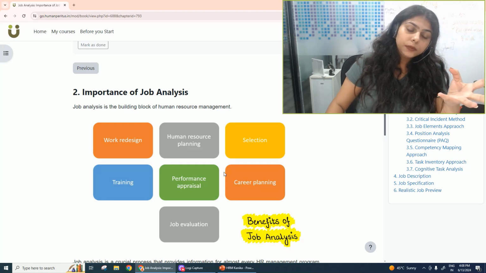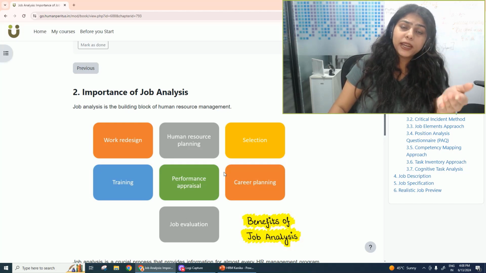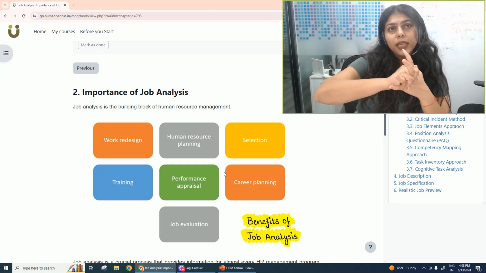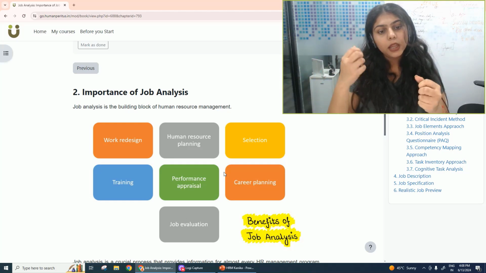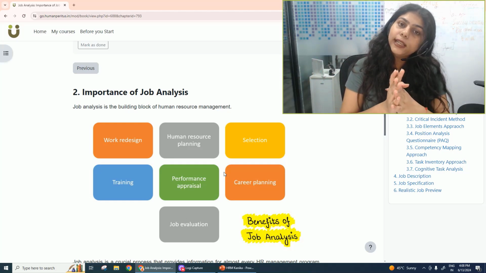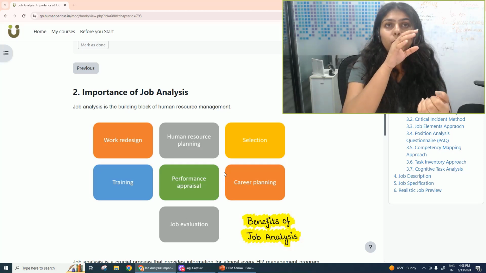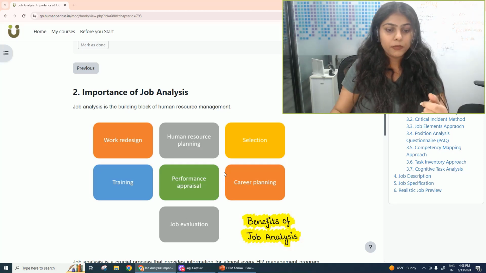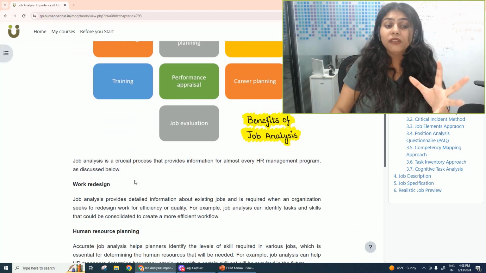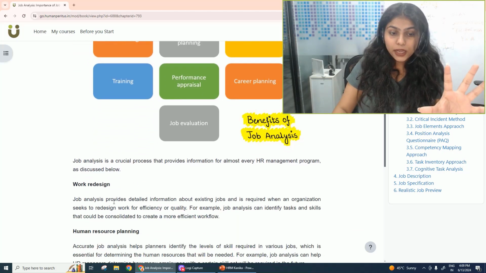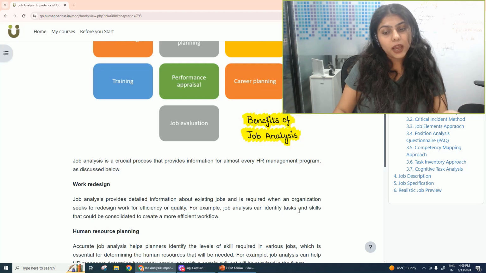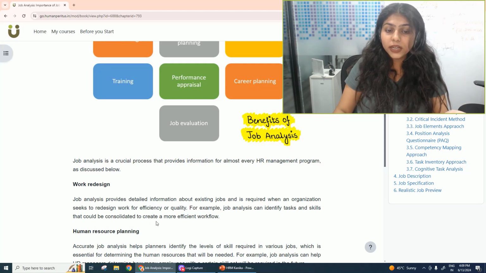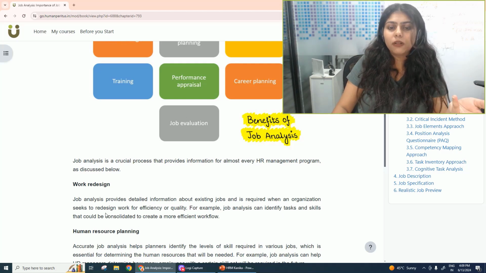So the first benefit is when you do job analysis, you have everything that is related to the job on the table. So why exactly are we doing work redesign? We are doing work redesign because job analysis can identify tasks and skills that could be consolidated to create a more efficient workflow.